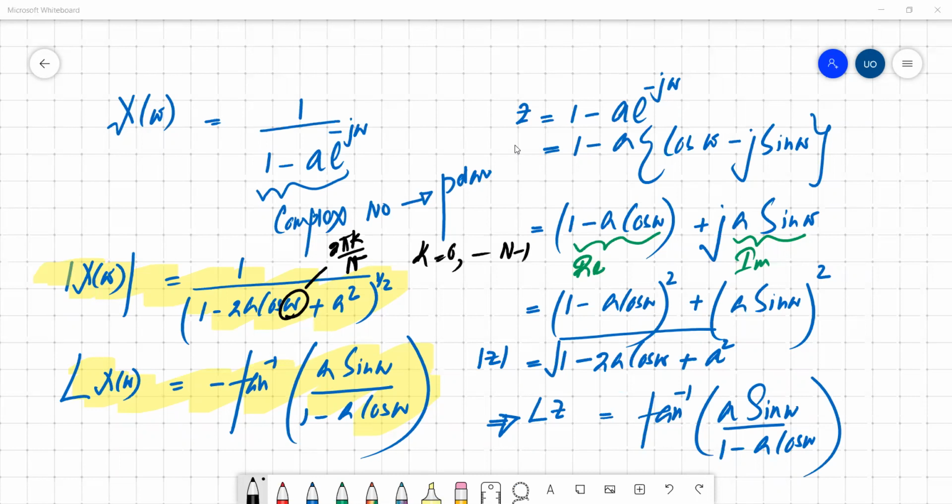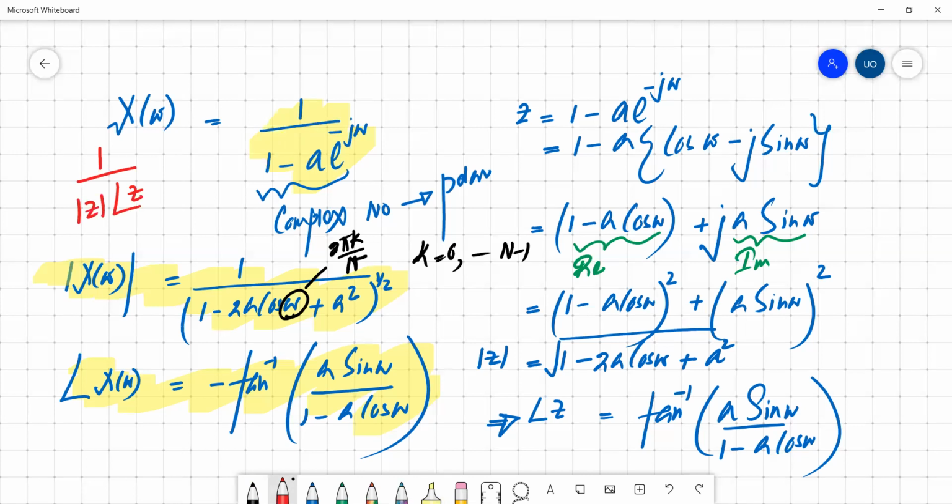How does that negative sign come? Yes. Now we can represent this as 1 over, and I'll replace this denominator with z. Then this z can be represented in the polar version as mod z and angle of z.